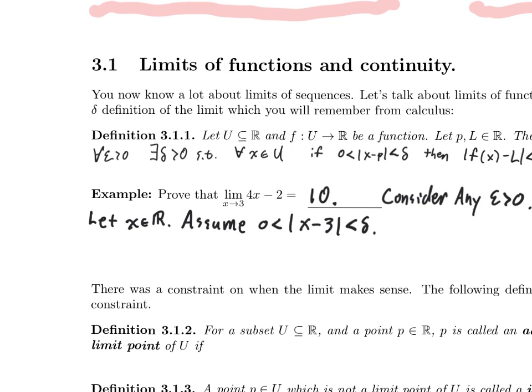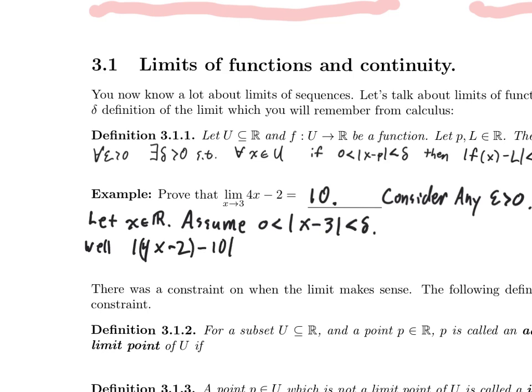Yeah, there should be enough space, I hope. So let's just do that. Well, absolute value of 4x minus 2, so there's f of x, minus 10.